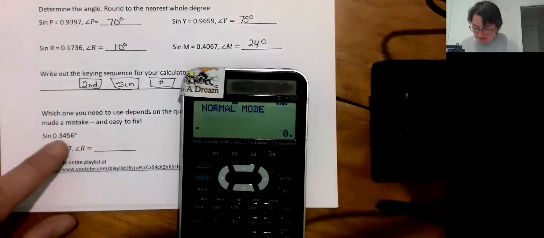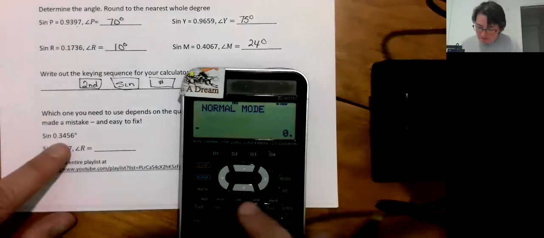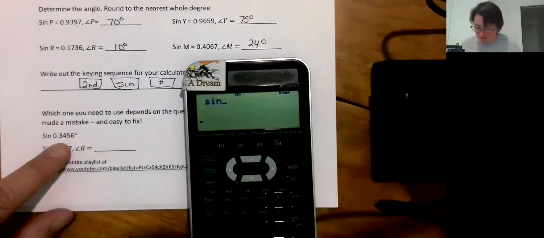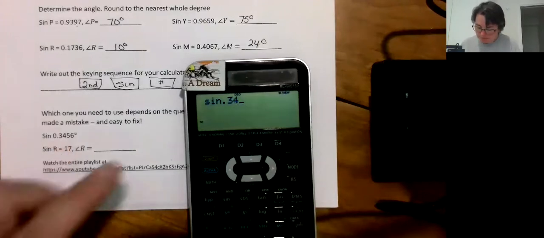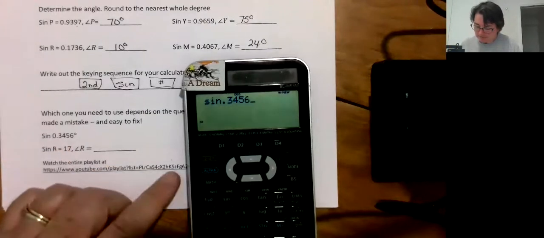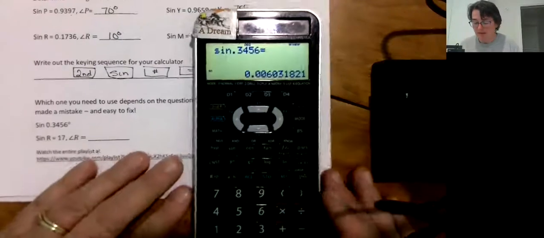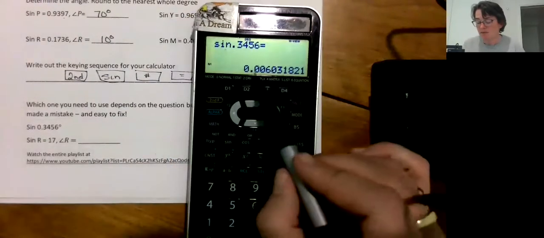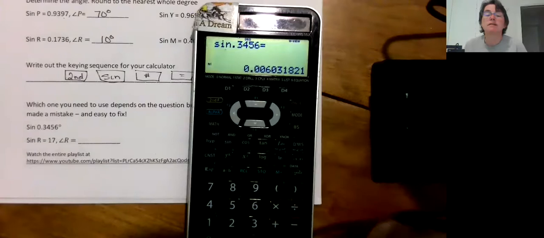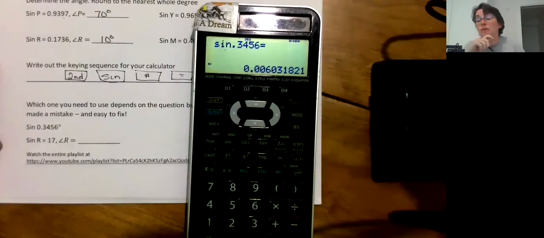If I do sine 0.3456, according to this, I just have an angle of 0.006 degrees. The chances of you having a question where that is the actual measure of an angle in a triangle are pretty slim. That's probably not going to be right.